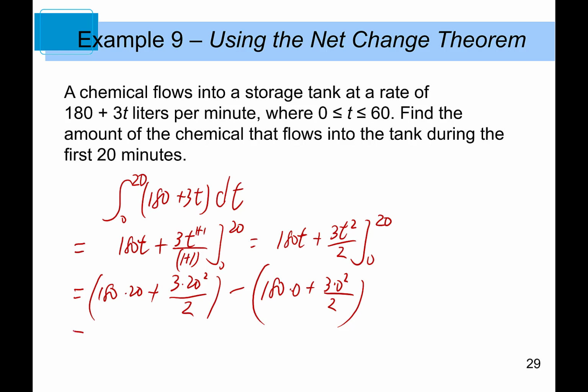So we end up with 3600 plus, 20 squared is 400. 400 times 3 is 1200, over 2. So it's 3600 plus 600, which is 4200.